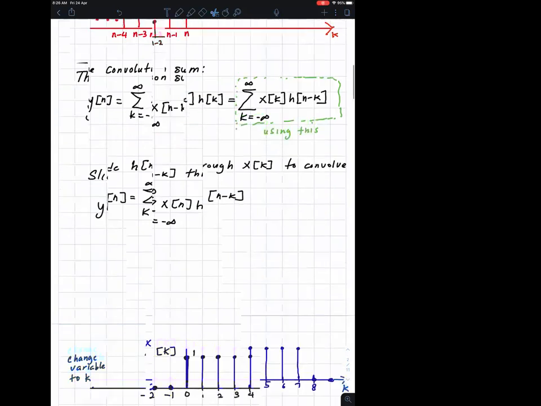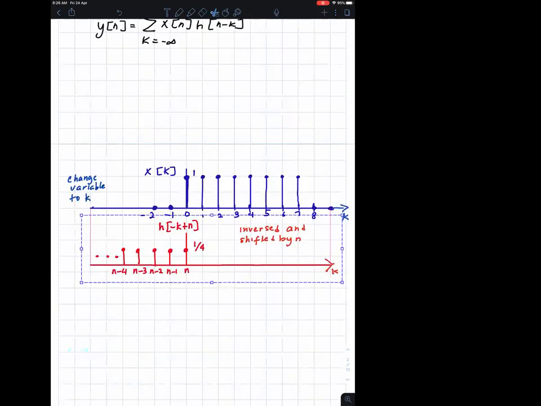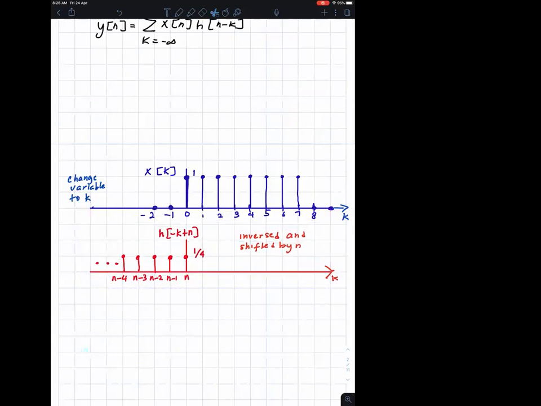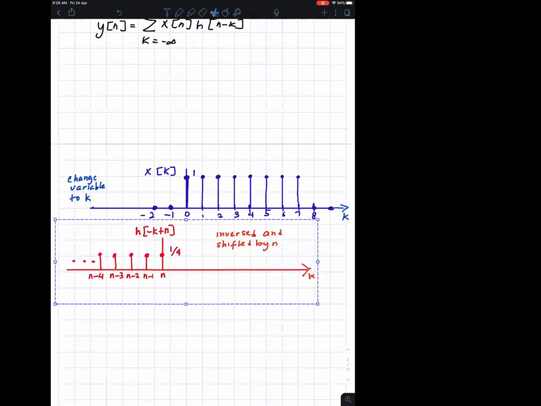So the way we do convolution here, we're doing it graphically. You're going to put x[k], fix it, and then you're going to slide the other signal.